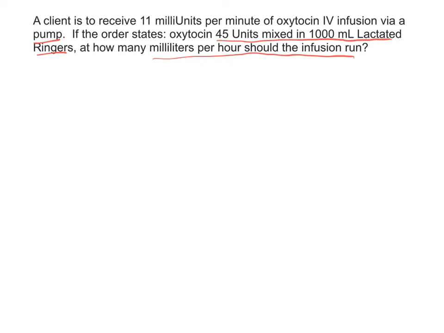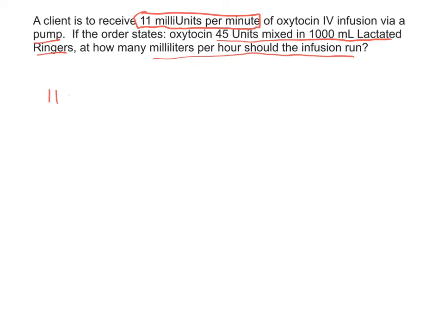So thinking about what we just saw in the last example, the patient has been ordered to receive a ratio, or in this case, a rate of medication. And specifically, the patient needs to receive 11 milliunits per minute of this oxytocin.